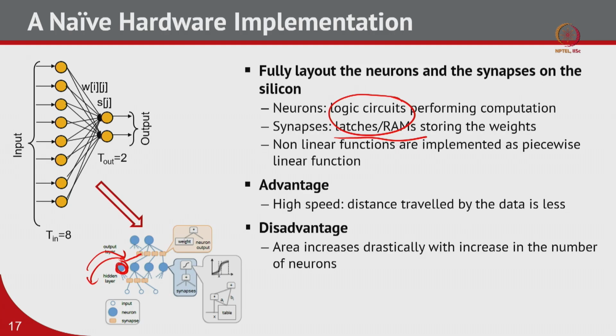Remember when we were discussing different parameters of the state of the art DNNs, we saw that the number of parameters can be in terms of billions, right. And if we have a separate logic circuit for each neuron, that means we will have to have billions of logic circuits. That is nowhere possible. If we do that, the area of the whole chip, or the whole accelerator, will increase drastically, correct.